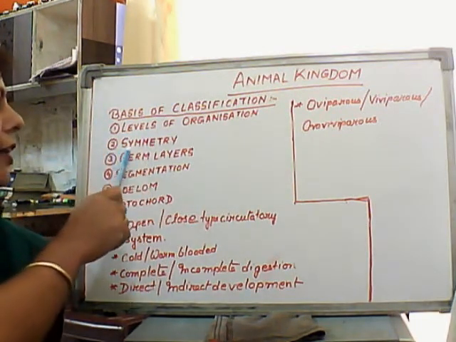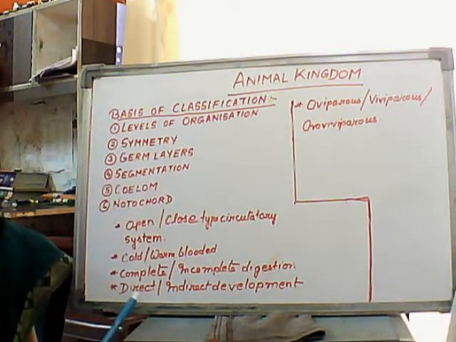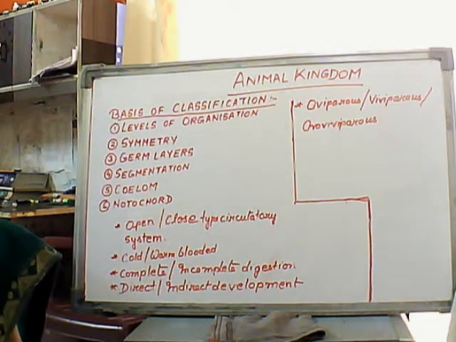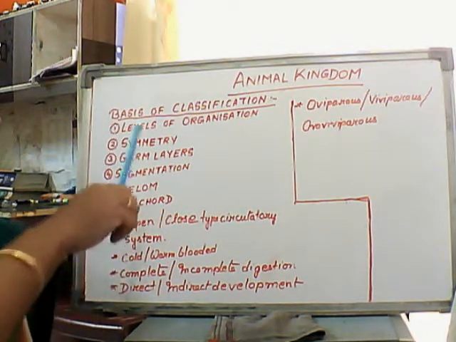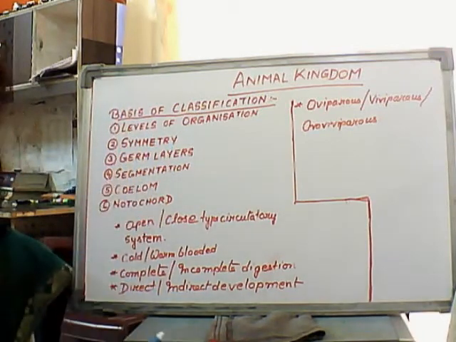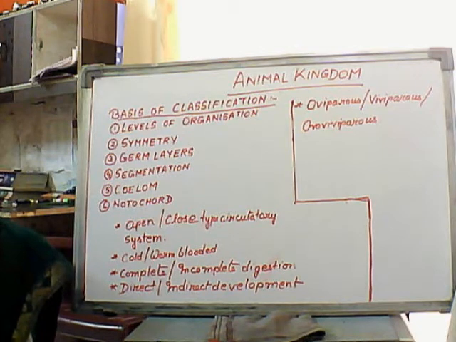Then the second character is symmetry. Now certain terms you will come across here. Symmetry means when a particular individual can be divided into two equal halves, it is said to be symmetrical.